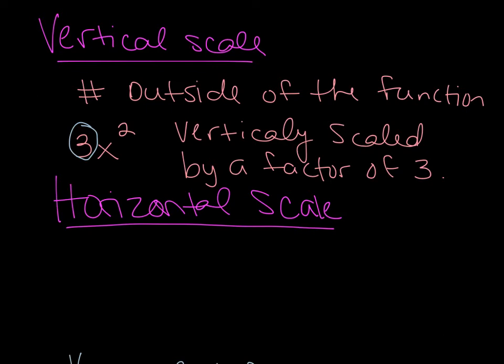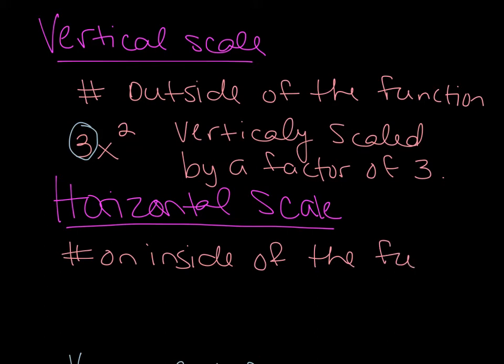For the next example, a horizontal scale, which is the second type of transformation of a function, you have a number on the inside of the function. Okay, and for example, this would be 3x all squared.